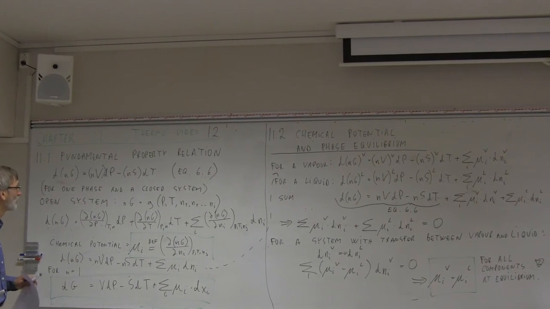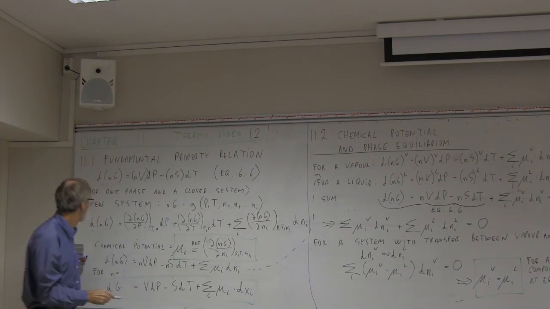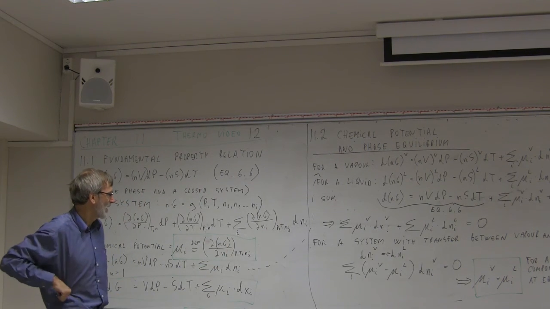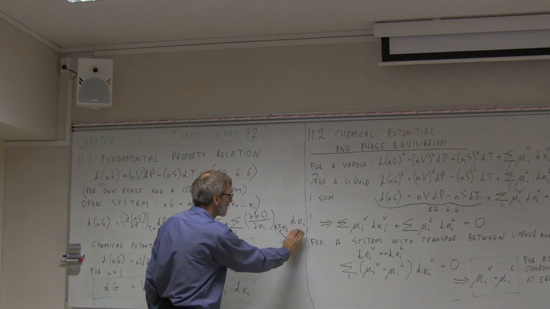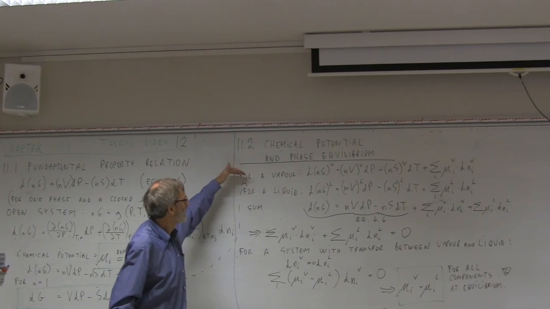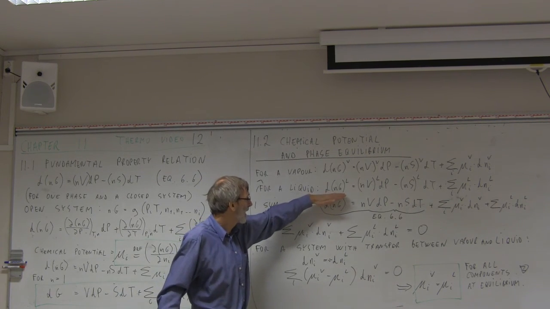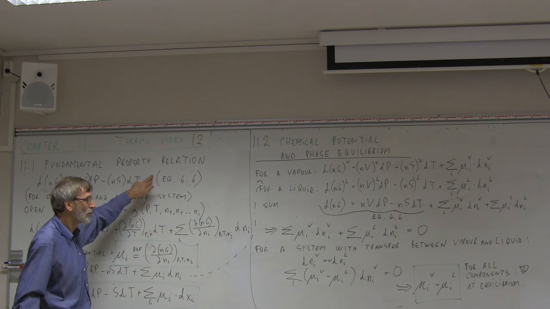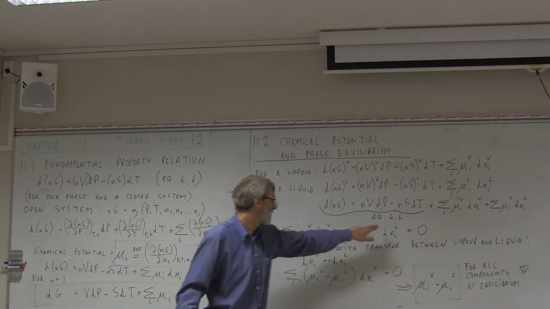The starting point is that we go from traditional thermodynamics for a closed system. We add for an open system the chemical potential for each component multiplied by the amount of each component. We set up one equation for the Gibbs free energy in the vapor, one equation for the free energy in the liquid. We sum them. Then, because we know that this is always valid, we can delete all these terms, and we end up with these terms.